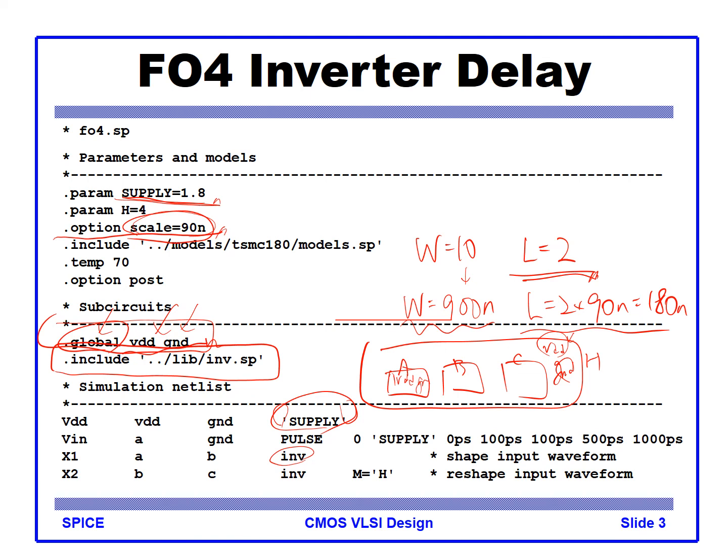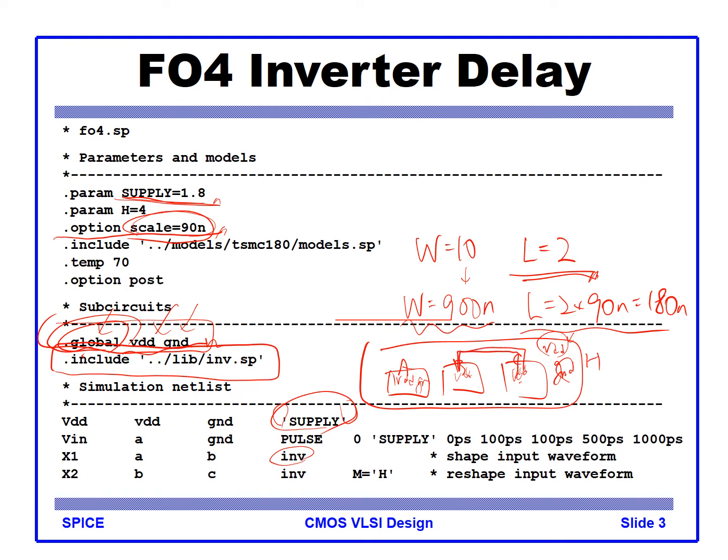But if you don't define the global keyword option like this, then even though sub-circuit B has the VDD and sub-circuit C has the VDD, those two nets are not connected. But if you define a global variable, then the nets are connected.